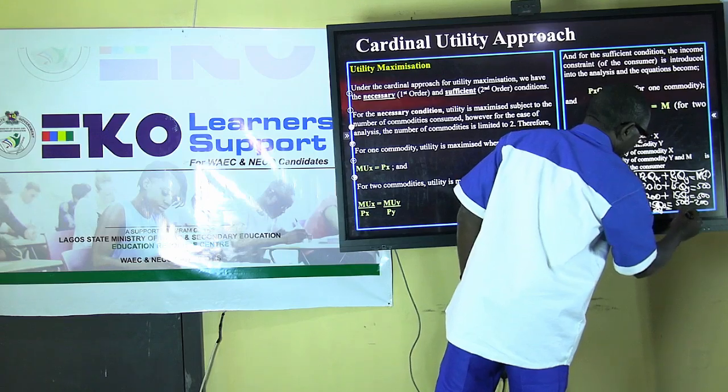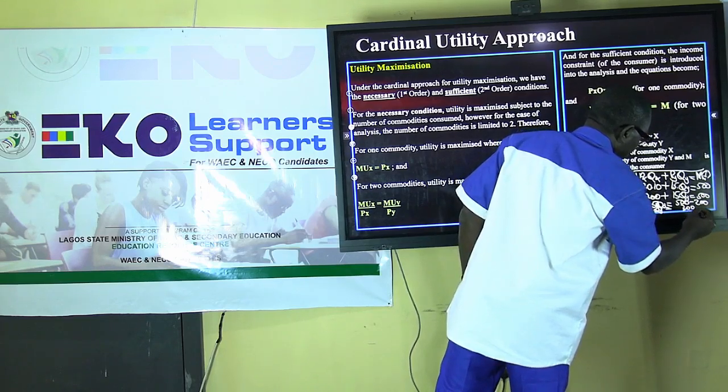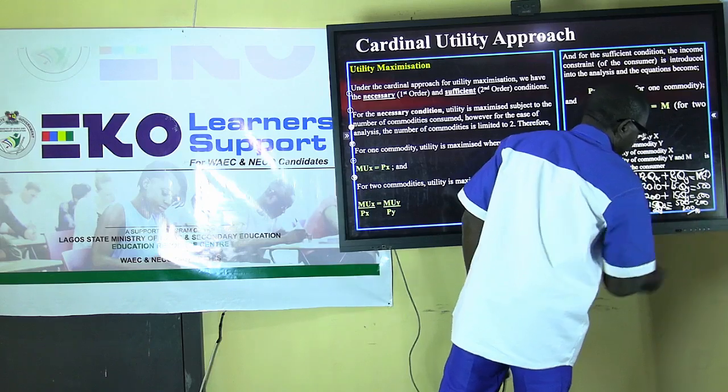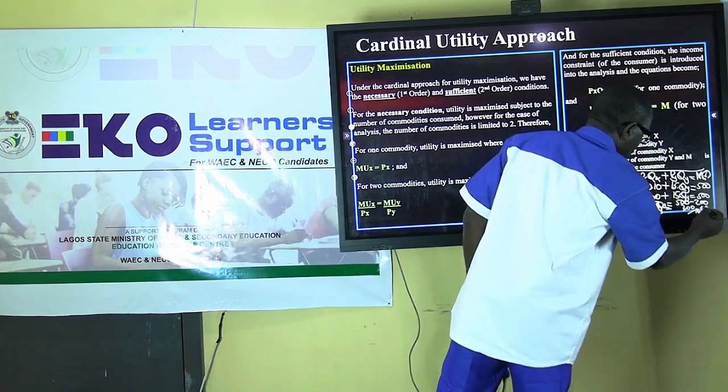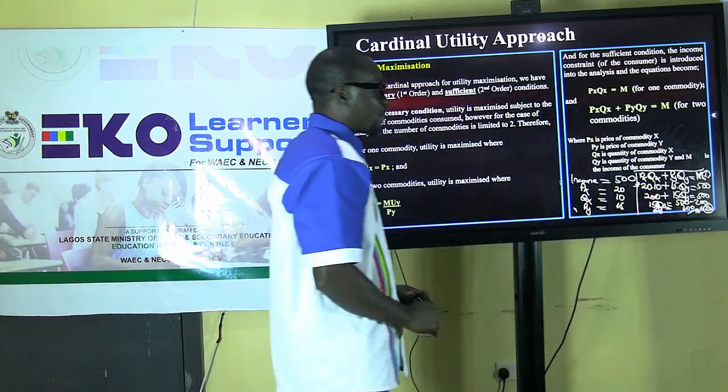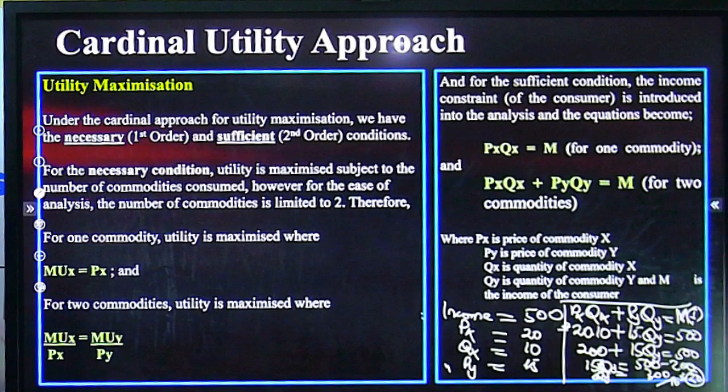QY, therefore, will be 300 divided by 15, and that will give us 20. So for this consumer to be at equilibrium, it means, or for him to maximize utility given his income, he would have to consume 20 units of product Y to be at equilibrium.